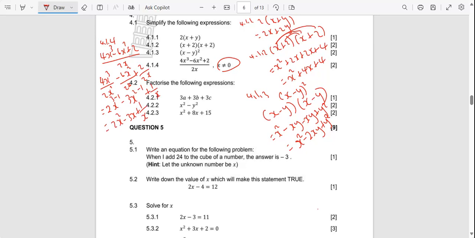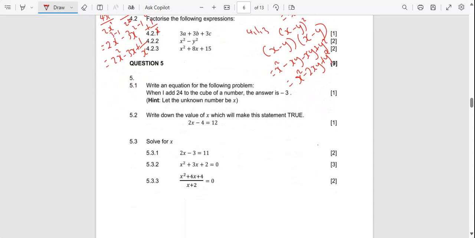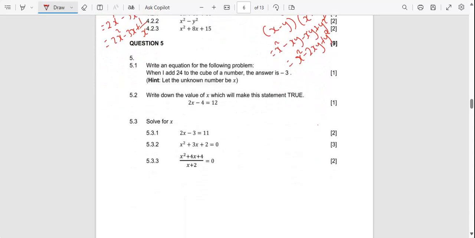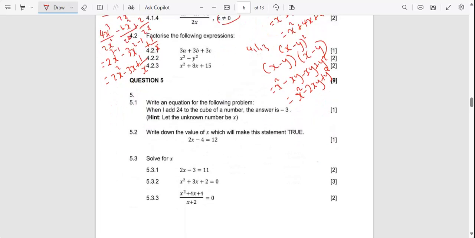Okay, let's come to this one. Factorization. We factorize by taking out the common factor. I'm going to write the answers down here, guys, so that you can see how I factorize 4.2.1.